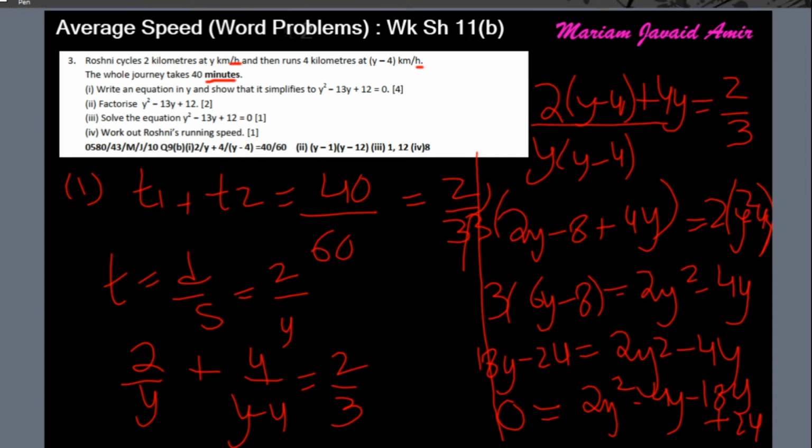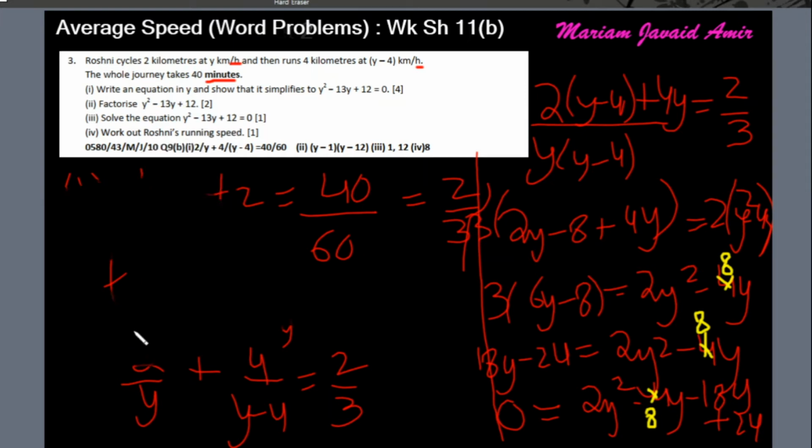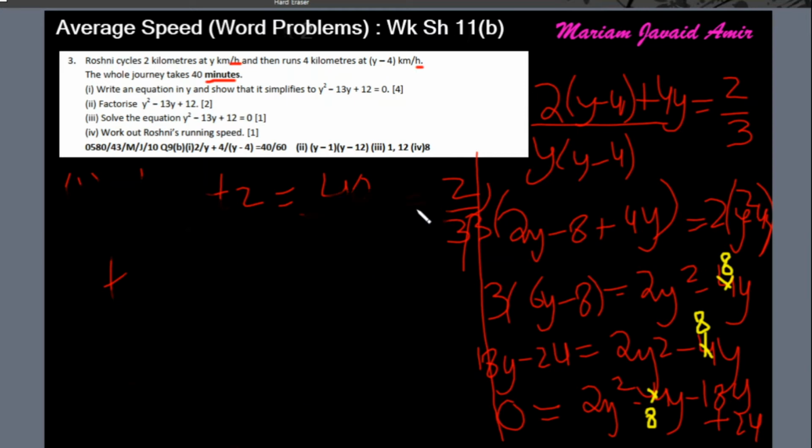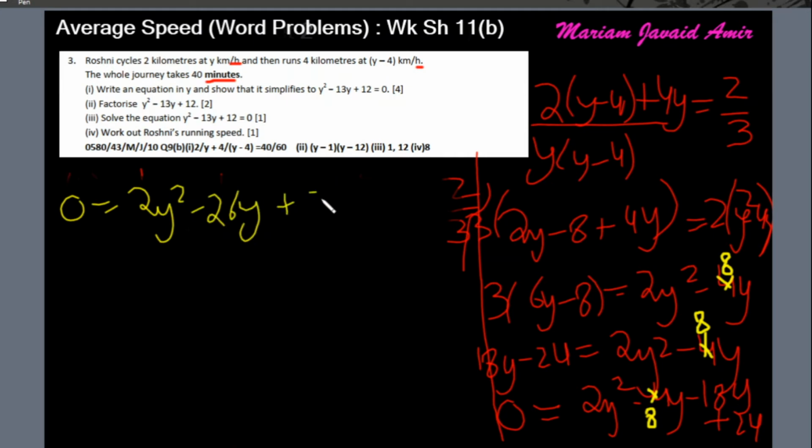Combining the terms, this is 8y, this here is 8. So the equation becomes zero equals 2y squared minus 26y plus 24.